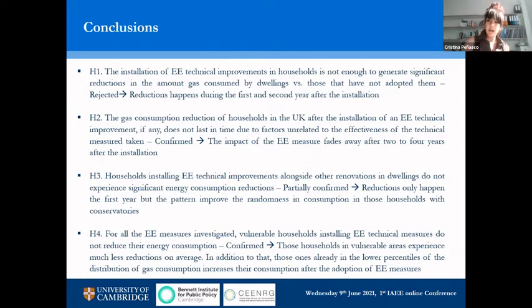We test the idea that the households installing energy efficiency technical improvements with other renovations do not experience significant energy consumption reduction. And this hypothesis is actually only partially confirmed, as we find that reductions happen only the first year, but the pattern improves the randomness in consumption in those households with conservatory, which can be related simply to the idea that this has 50% of the surface covered by glass.